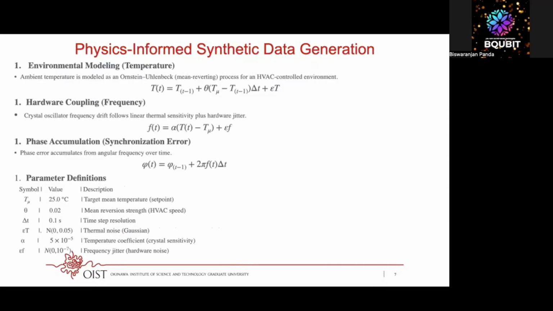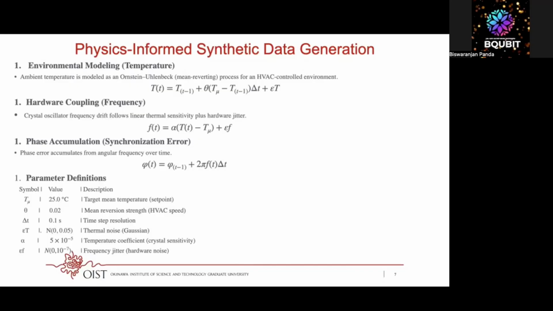Okay, let's go to our data generation. It's not so important, it's based on mathematics, so you can only see that there is some environmental modeling of temperature. The temperature variation is given by the OU model, the Ornstein-Uhlenbeck model.